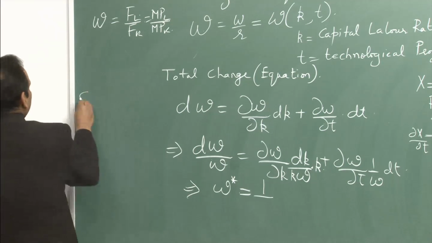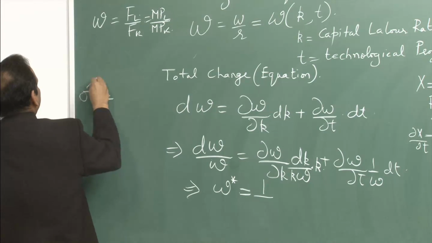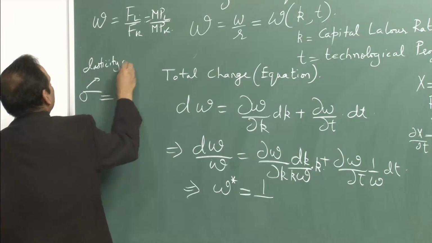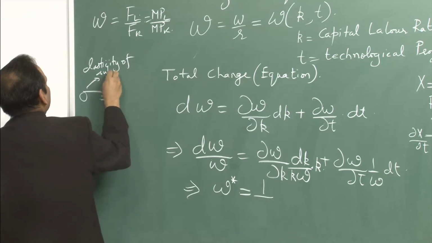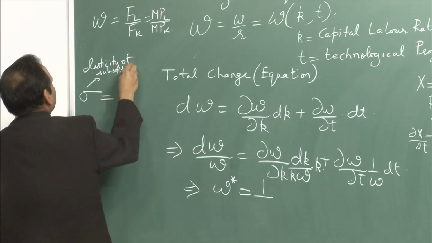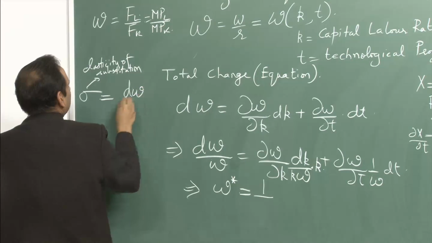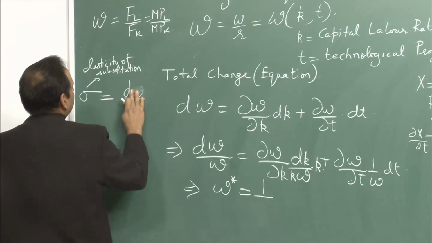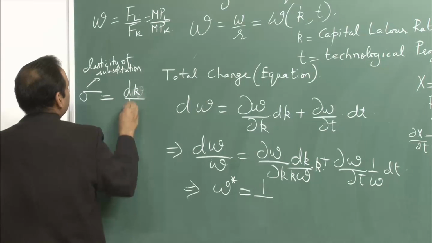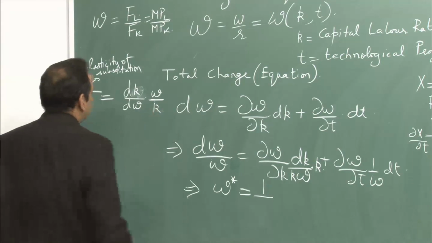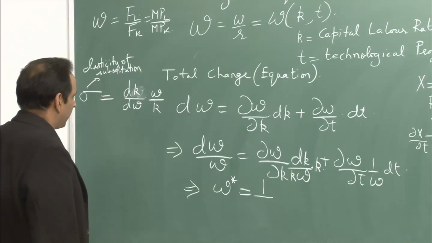Now, please recall that the elasticity of substitution is dk by d omega into omega by k.